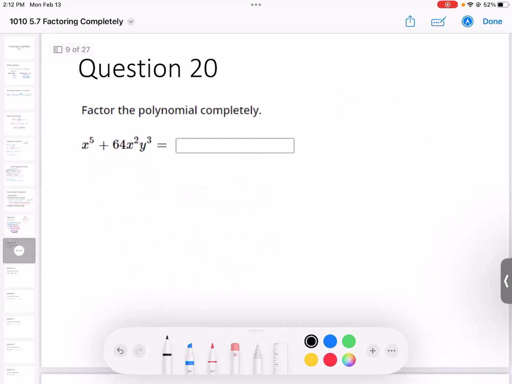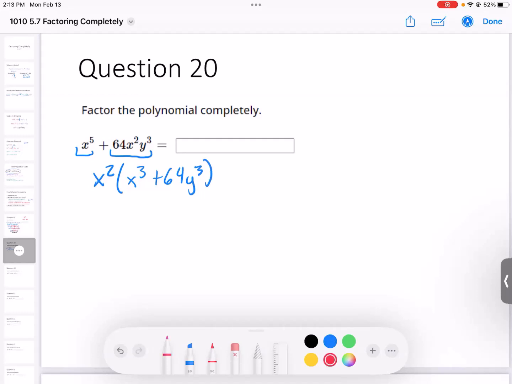Let's do another example. Okay, so on this one, what's my first step going to be? Perfect. So if I look at these 2 terms, what do those have in common? Yep, they have an x squared in common, which leaves me with an x cubed plus 64y cubed when I factor that out.